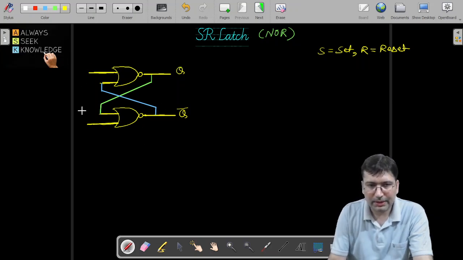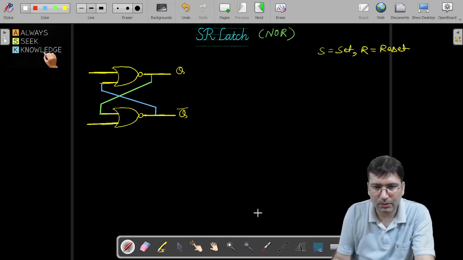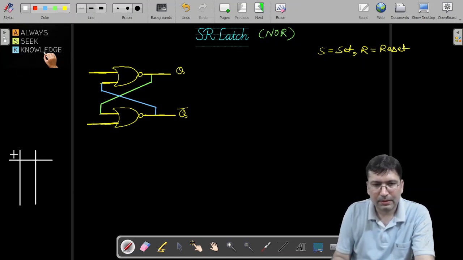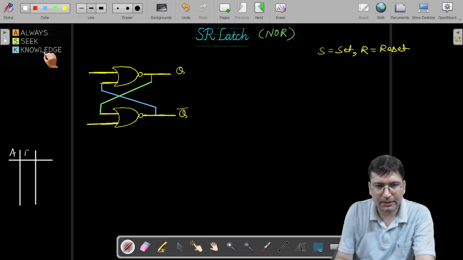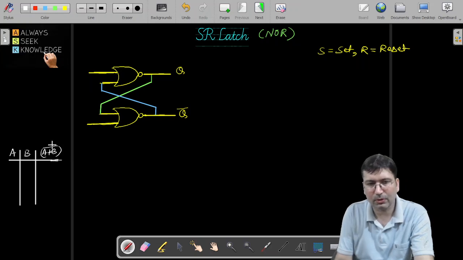So in order to decide the set or reset pin, let's try to understand the behavior of NOR. If I draw the truth table for NOR, this is input A, this is input B, and this is A OR B bar, the Boolean function of NOR gate, right?